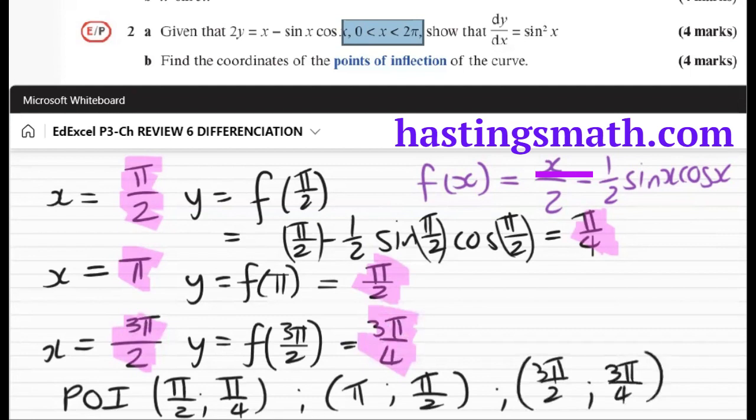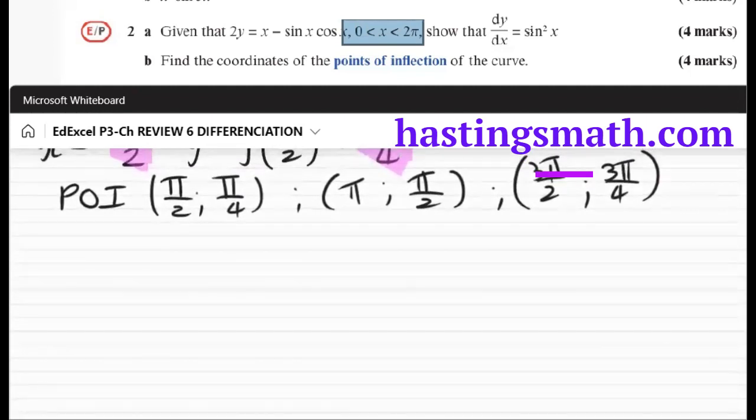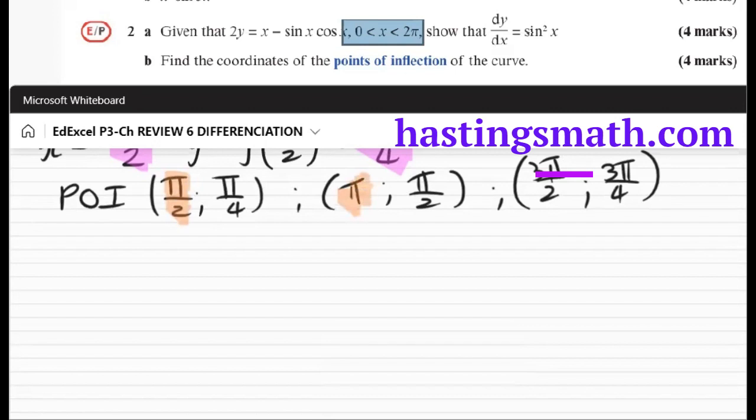Okay. So those should all be correct, but I'm just looking at the mark scheme here. They want you to check it. So let's see. In order to check each of those is valid, you want to make sure there's a sign change.